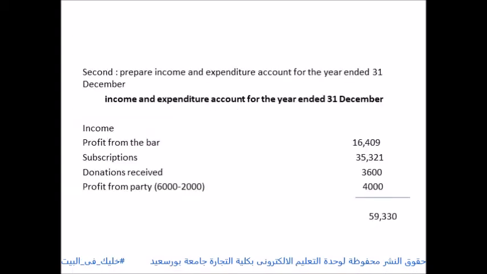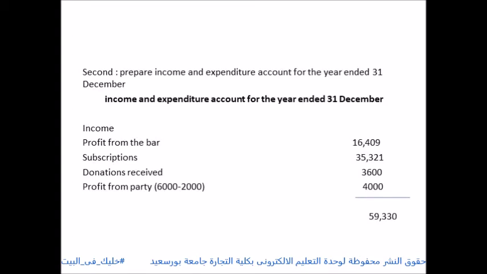Then we will prepare the income and expenditure account for the year ended 31 December for the whole club. The income and expenditure account for the year ended 31 December will be as follows. The income: first, profit from the bar, which we have calculated in the previous income statement for the club bar, 16,409.